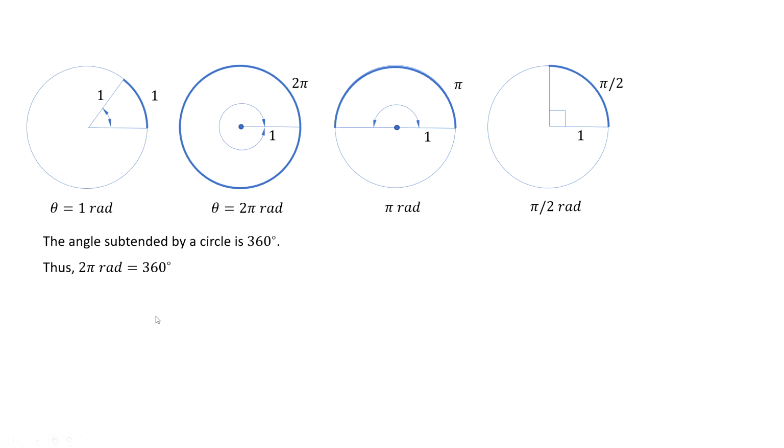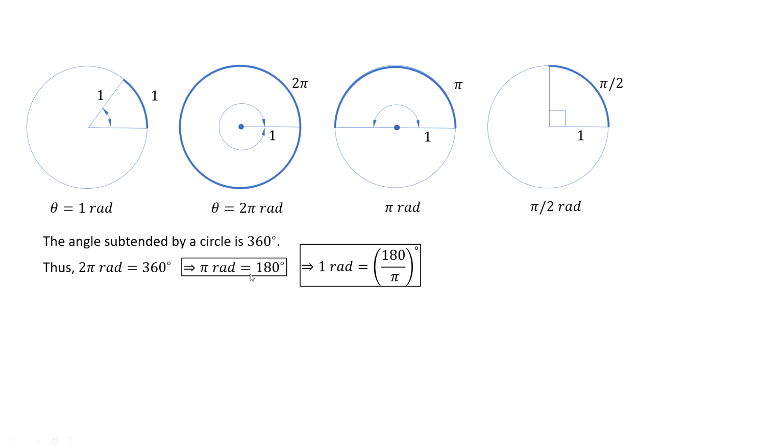Yes. Okay, so 1 radian is how much then? If 2 pi radian is 360 degrees, divide both sides by 2. So pi radian is 180 degrees. Either way is fine.